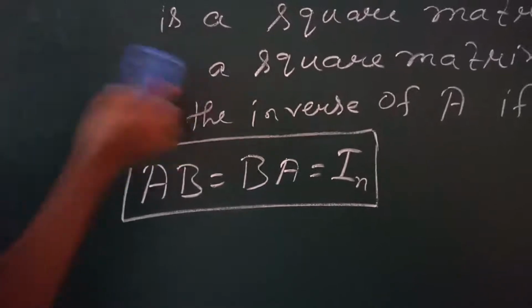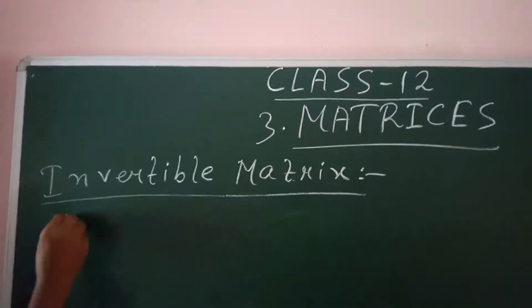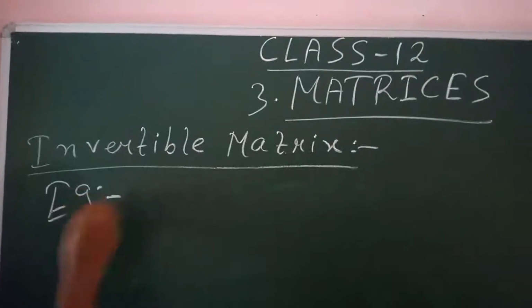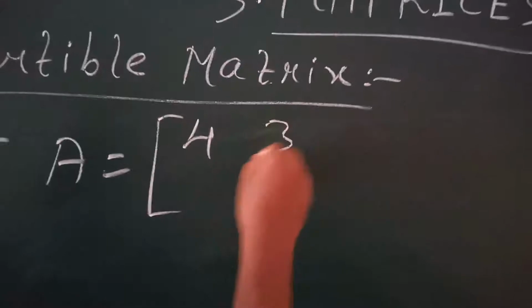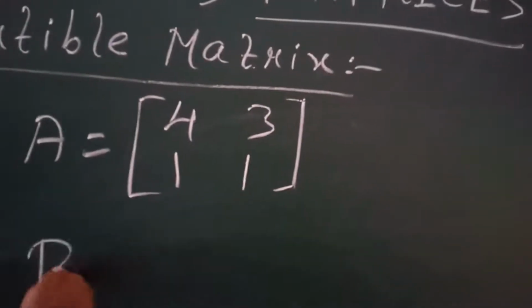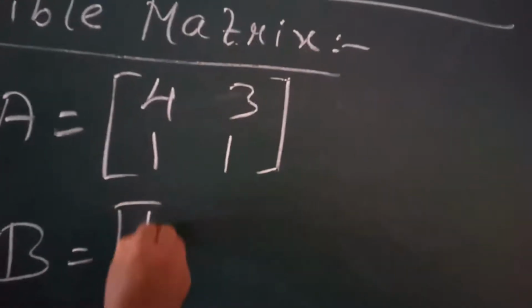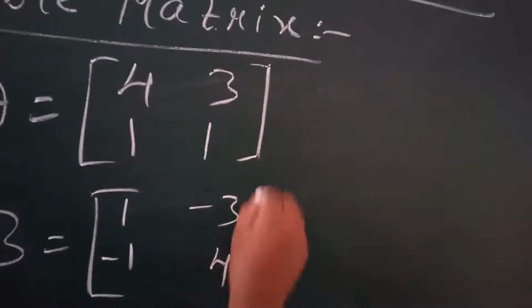Suppose we take one example. A equals 4 3 1 1, and B equals, suppose we take, 1 minus 3 minus 1 4.